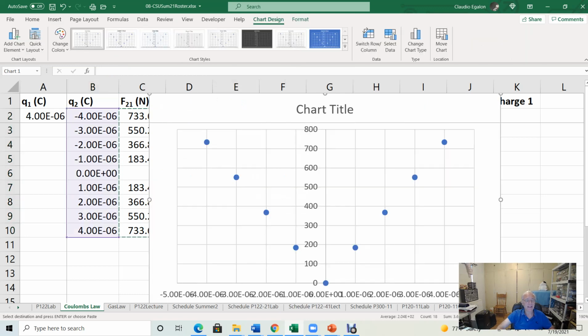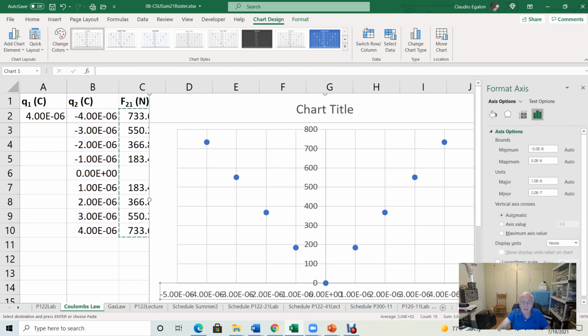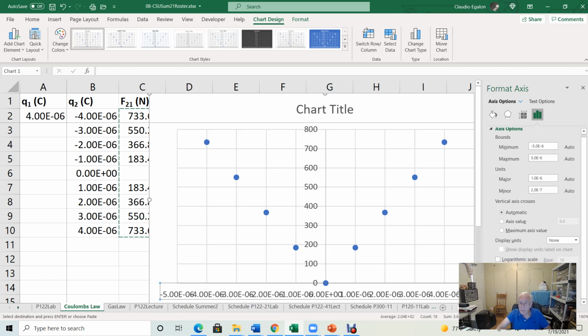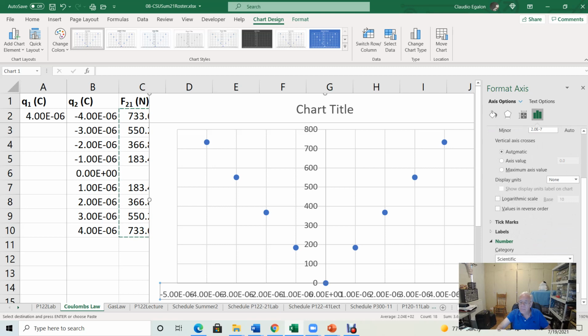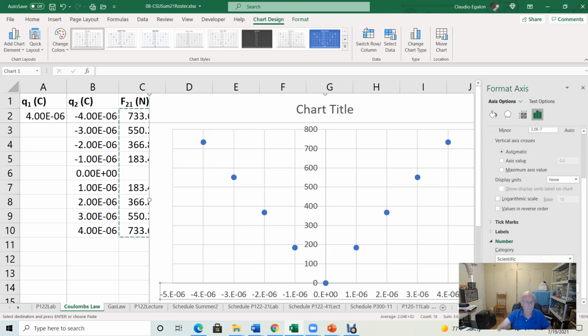Okay? But if you were to write the force with the actual sign, let me get this in a different format. Tick marks, label, number. Here you go. Scientific, decimal place. Better.